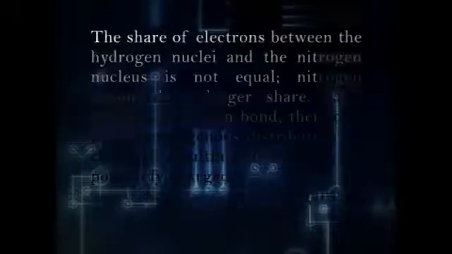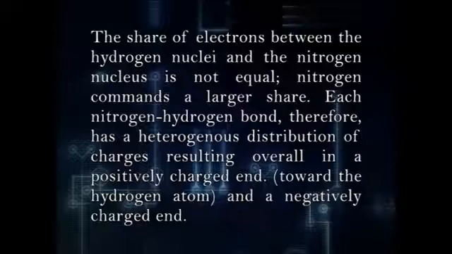The nuclei of each of the hydrogen atoms contain a single charged particle, a proton. The share of electrons between the hydrogen nuclei and the nitrogen nucleus is not equal. Nitrogen commands a larger share. Its nitrogen-hydrogen bond, therefore, has a heterogeneous distribution of charges, resulting overall in a positively charged end towards the hydrogen atom and a negatively charged end.